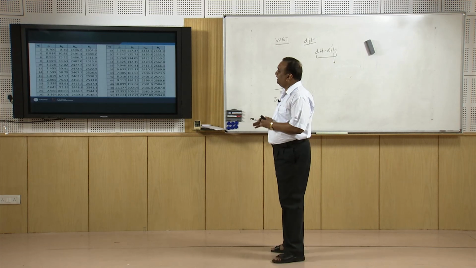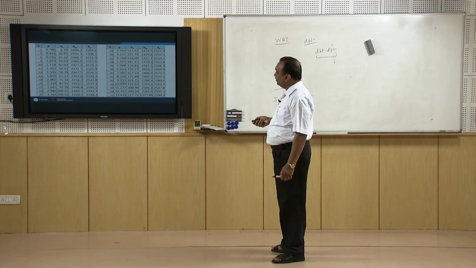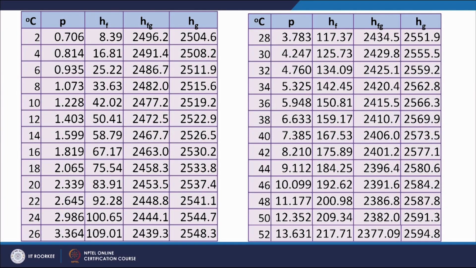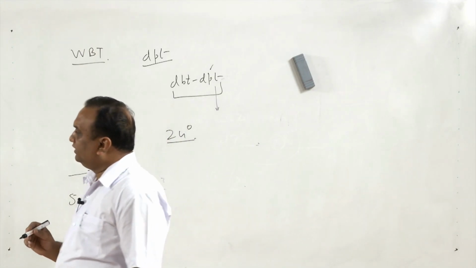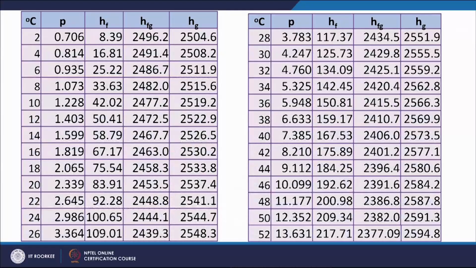If you look at this table, suppose I have saturated vapor, I will give you an example. If I have a saturated vapor at 24 degree centigrade, the saturation pressure is 2.986. If I reduce this temperature from 24 to 20, then the partial pressure of the vapor will reduce to 2.339 kilopascal.